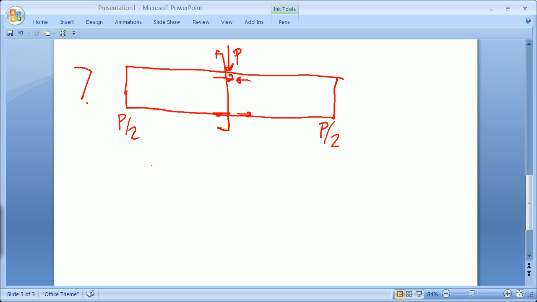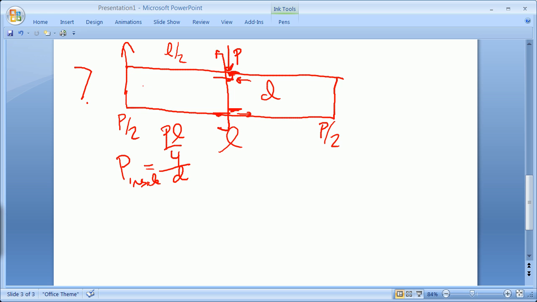We'll call this span L, P over 2 times L over 2, so this force times this L over 2 is PL over 4, and that moment has to be resisted by something times D, so you take PL over 4 and divide it by D, and that'll get you your force inside the truss.